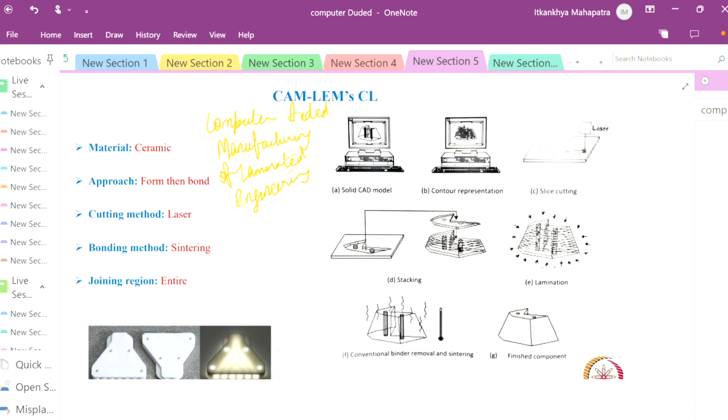We can also use this method for metal, but it was developed for ceramic because we already had processes for paper and plastic. So people tried to develop one process for ceramic. In this approach, we can see that first one layer is in the form of ceramic or metal.